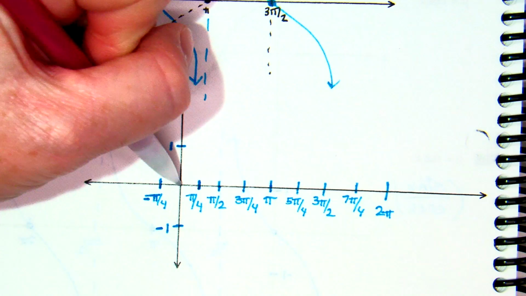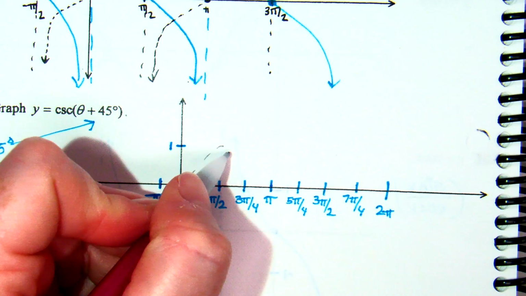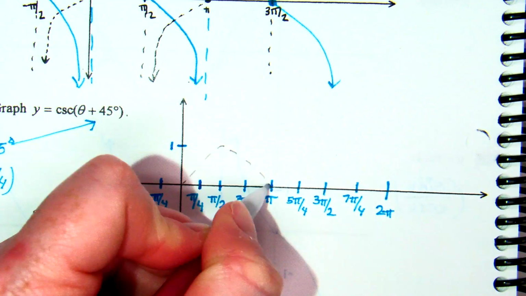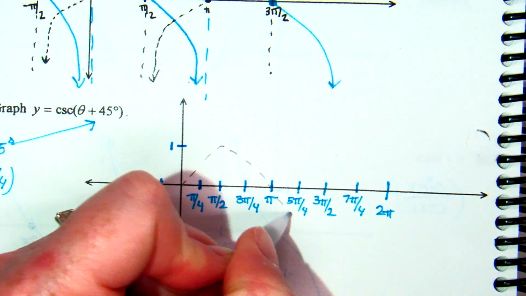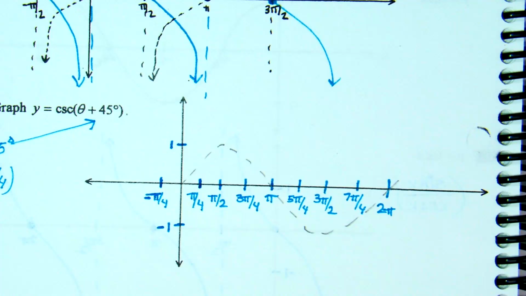Starts at 0, 0, goes up over pi over 2, cuts through pi, goes down below 3 pi over 2, comes up through 2 pi. Yes? If you don't need that, that's fine. Now, what do I need to do with this sine graph?